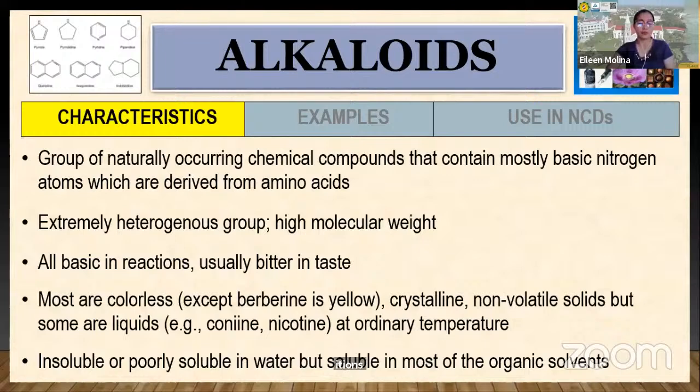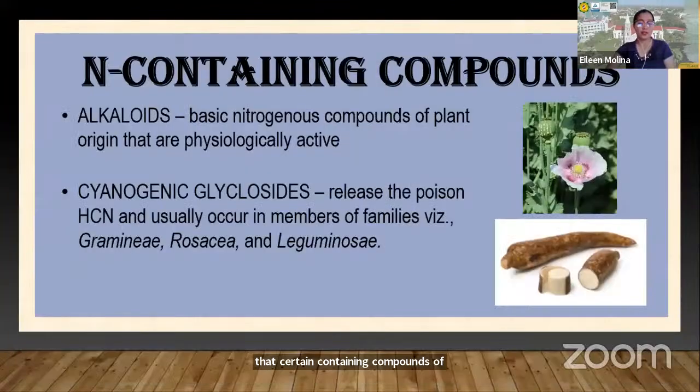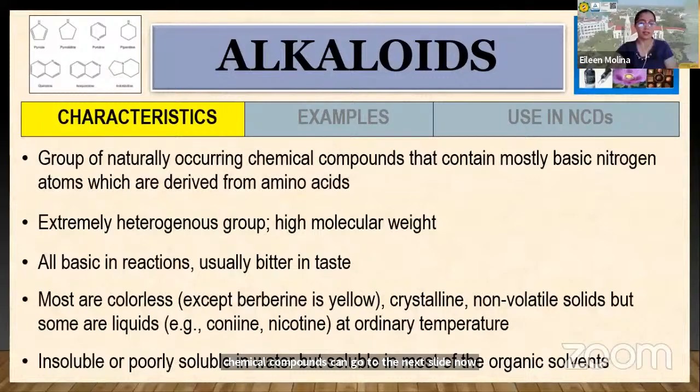Nitrogen-containing compounds we have alkaloids and cyanogenic glycosides. For alkaloids, these are a group of naturally occurring chemical compounds that contain mostly basic nitrogen atoms, which are derived from amino acids.